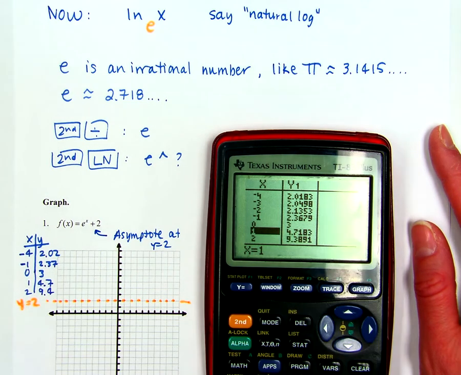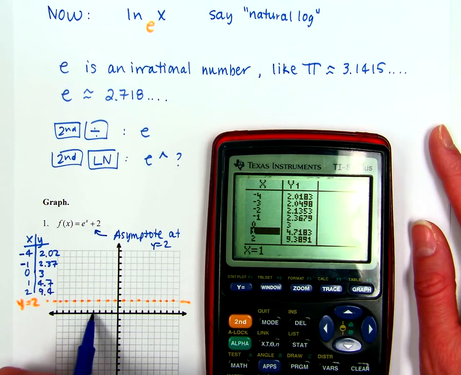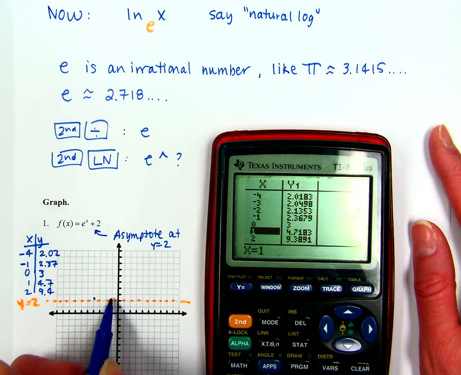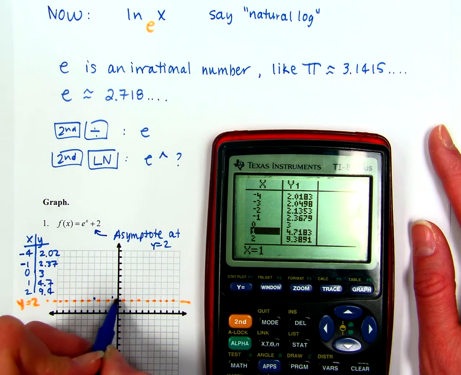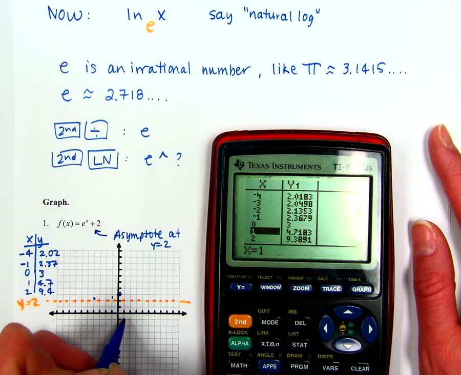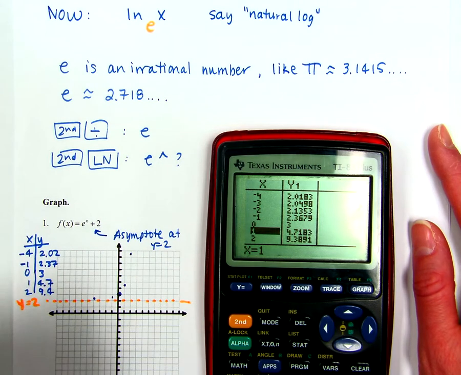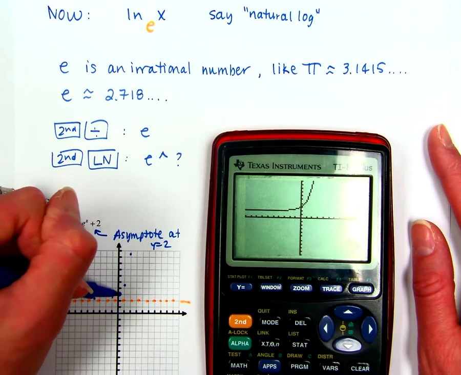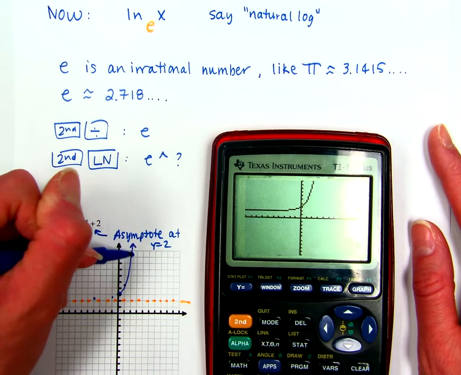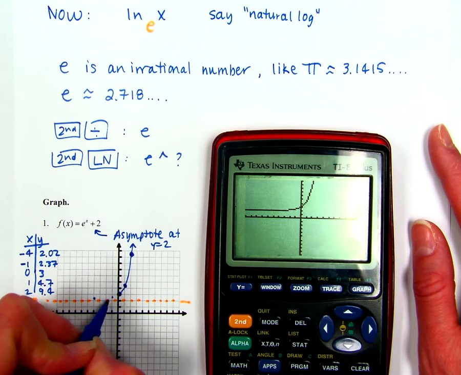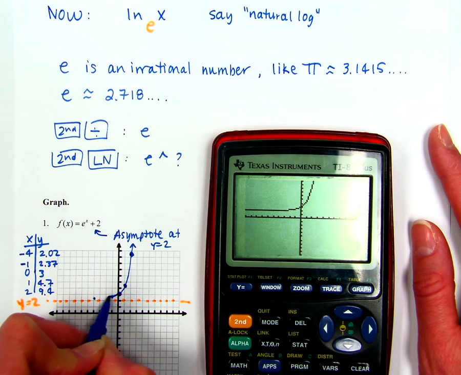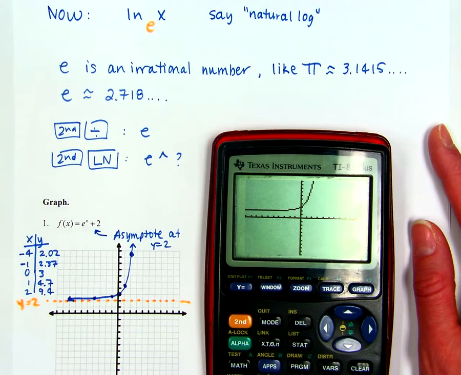All right, so we've got -4, go up a little bit above 2. -1 would go to 2.37, 0 to 3, 1 to 4.7, and then 2 is 9.4. So I'm going to connect those points and make sure your paper looks like what you have on your calculator. All right, and then notice that this never touches my asymptote, it just gets really, really close to it.